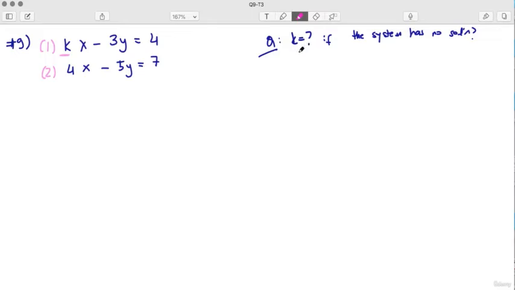Actually, they ask us to find what k is, but they also tell us that this system has no solution. What does that mean? Well, let's refresh our memories. Remember, lines can have three scenarios in relation to each other.